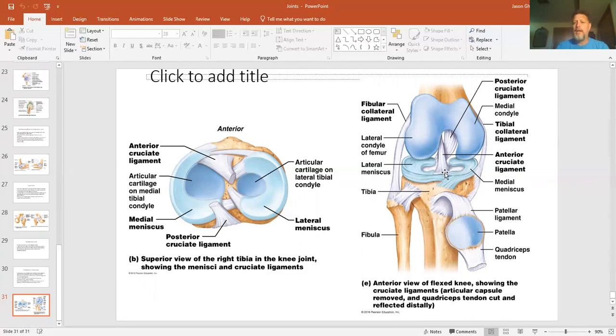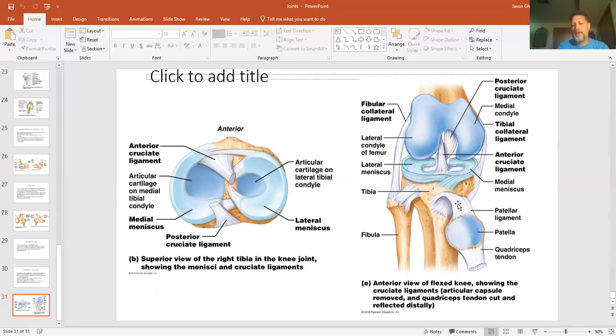And here's that ACL and the PCL, how they crisscross inside the joint itself. Okay, so those are the main things I want you to know: the fibular collateral ligament, the lateral meniscus, the posterior cruciate ligament, the tibial collateral ligament, the anterior cruciate ligament, and the medial meniscus.